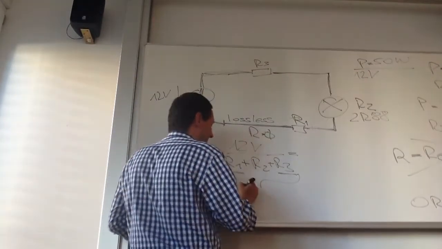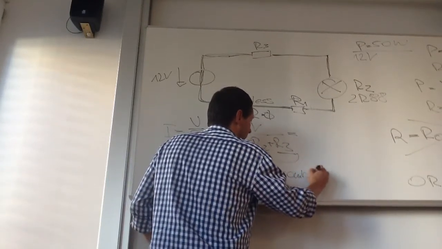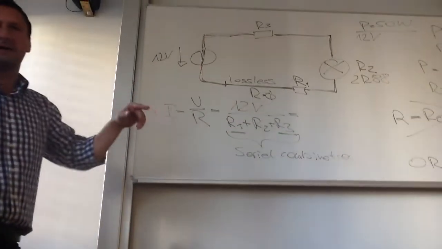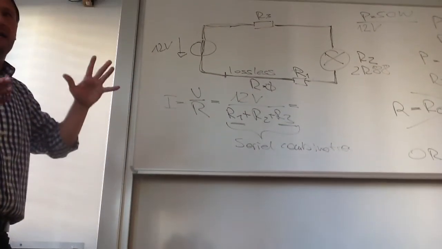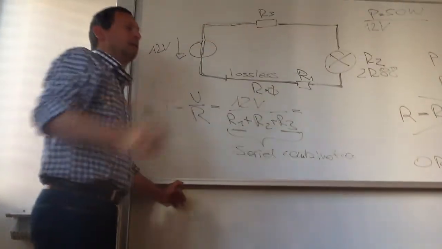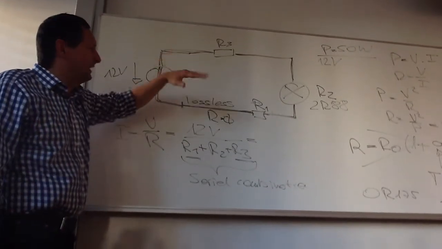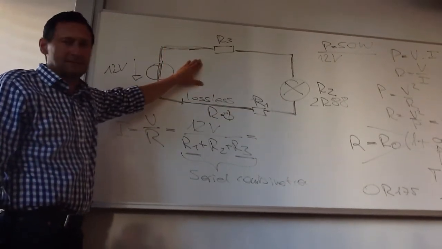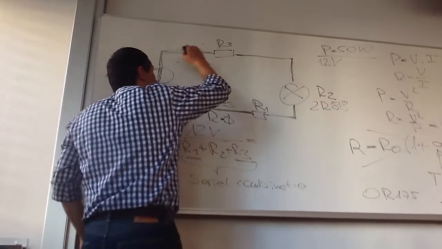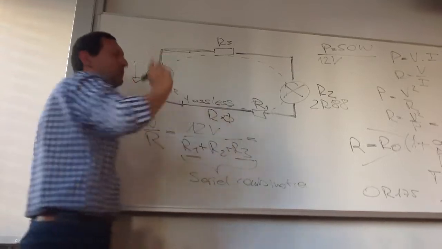This is just a serial combination. We will go through that next time, because there is also another model of calculation with Helmholtz equations, but that's not worth it with this simple circuit. The current is flowing through all resistances, so you have to sum up all resistances.